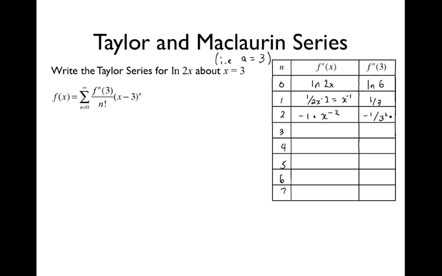I'm going to leave it like that. Okay? Third derivative. It's going to be negative 2 times negative 1 times x to the negative 3. So I really need this to be moved over. I need room.